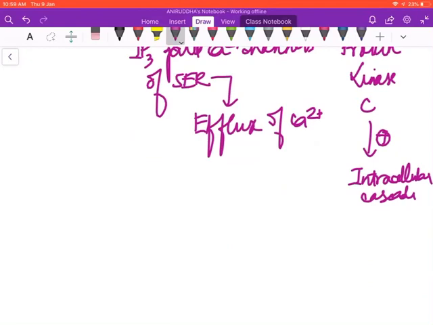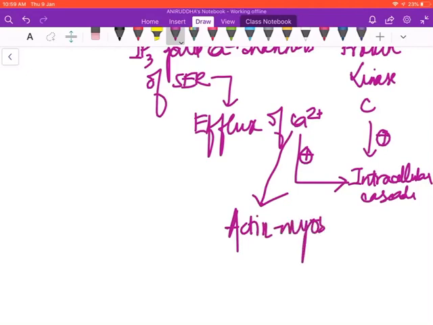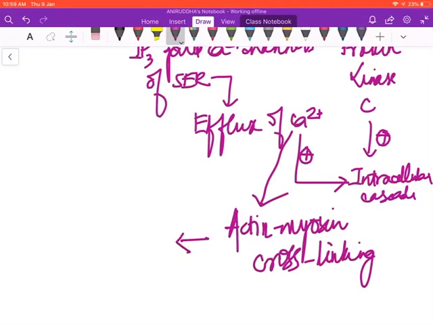And this calcium will also activate an intracellular cascade, and it will also cause actin myosin cross linking, which will in turn lead to muscle contraction.